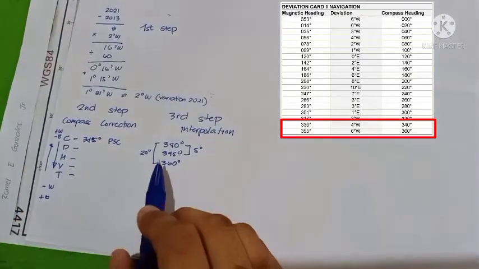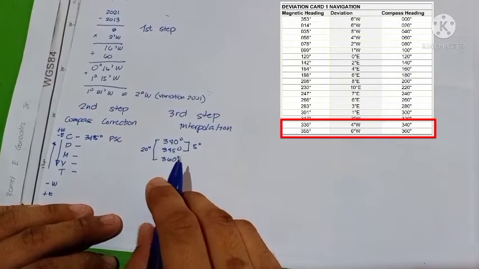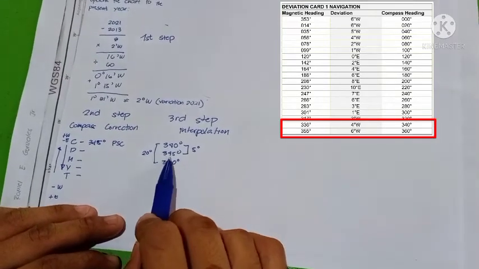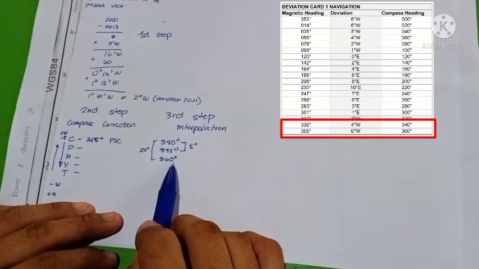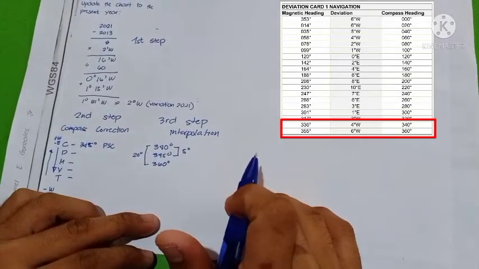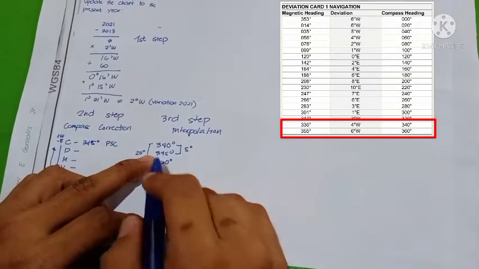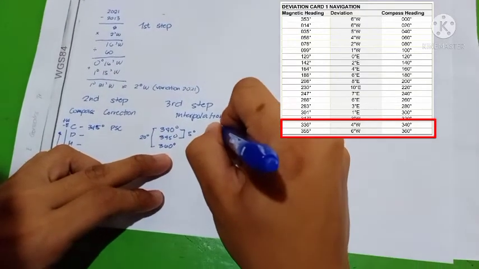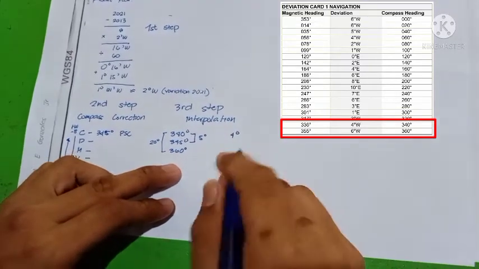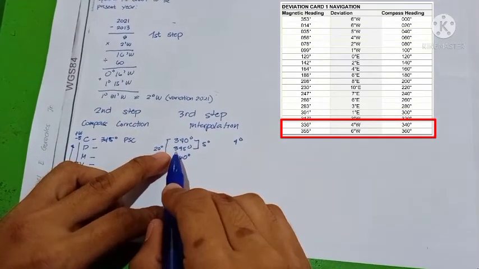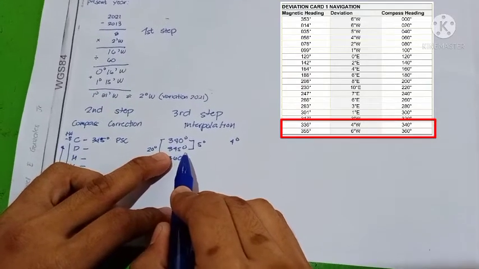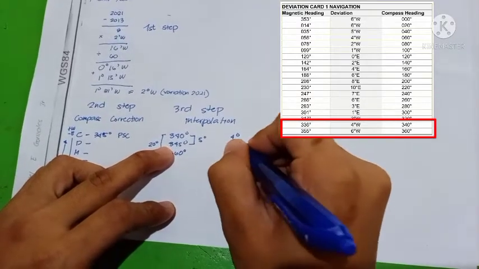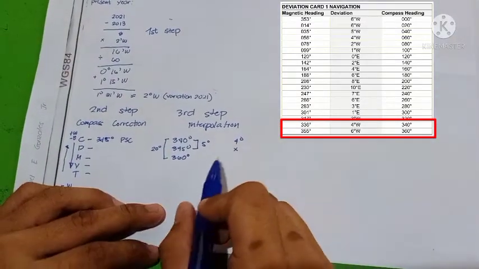And after this, we will look for the values of 340, 345, 360 in the deviation table. So here in the deviation table, the value of 340 is 4 degrees. And the 345, since it is unknown, we are going to put x because there is no value in the deviation table.